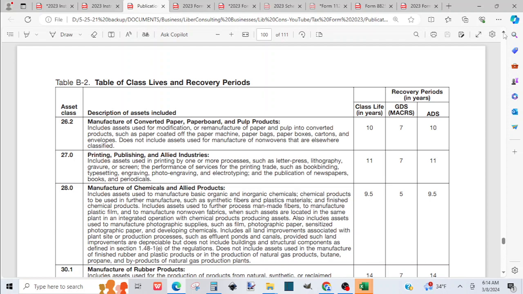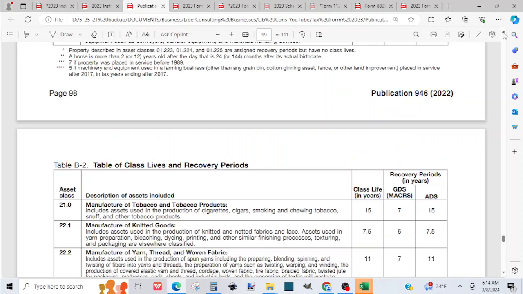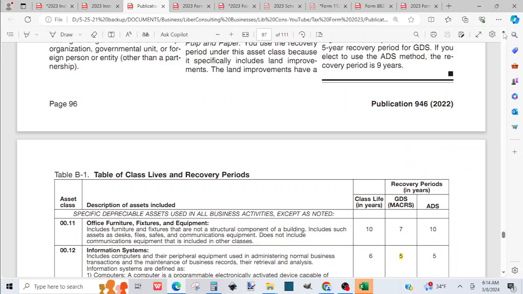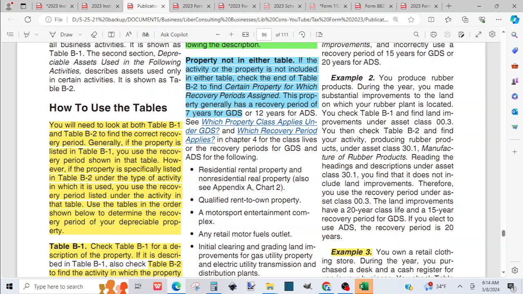At the end of the publication, there are two tables, table B-1 and table B-2. There is a little instruction before table B-1, and it's good to read that instruction. What it all boils down to is when you have a business and you purchase an asset to use in the business and you want to depreciate it, there are two tables you can use to determine how long you need to depreciate the assets.